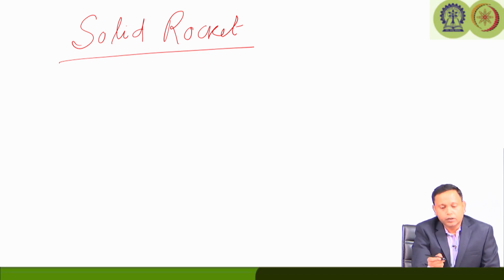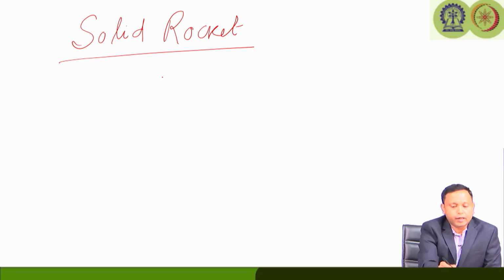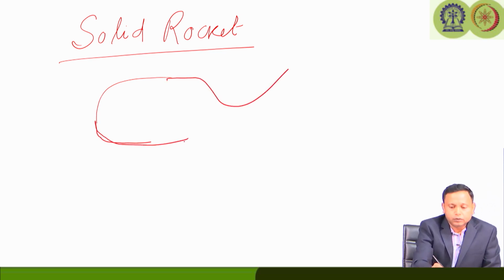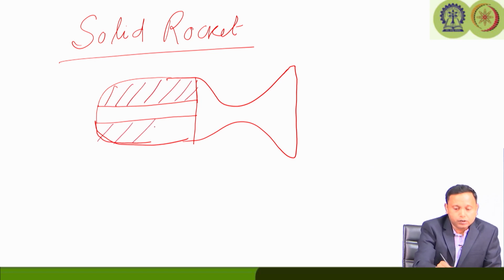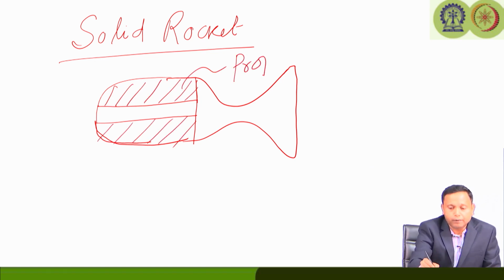If you just look at a simplified diagram of a solid rocket, you may see there is a propellant grain placed inside the rocket, in the form of a solid block of material. I guess you might have heard this terminology, it is called propellant grain.